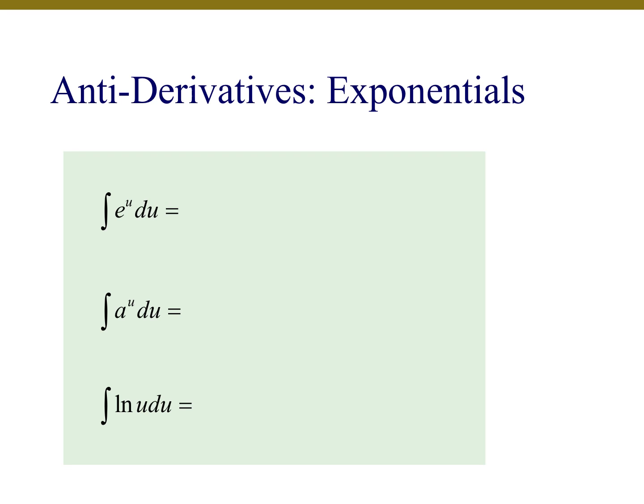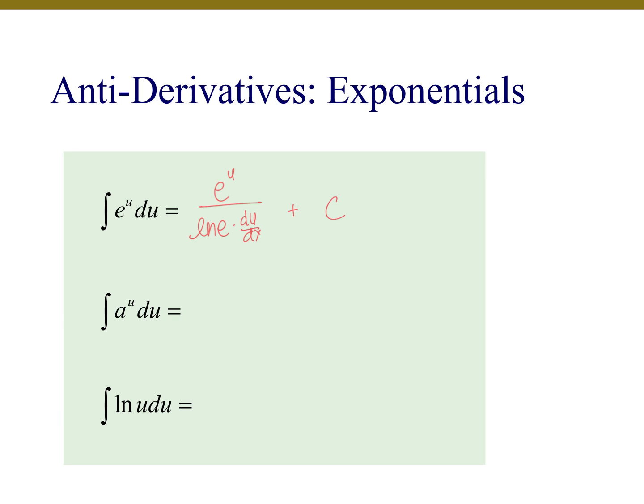So e to the u du, remember that its derivative is e to the u times the natural log of e times the chain rule. Here it's going to be e to the u divided by the natural log of e and divided by u prime, or du dx, and then plus c.